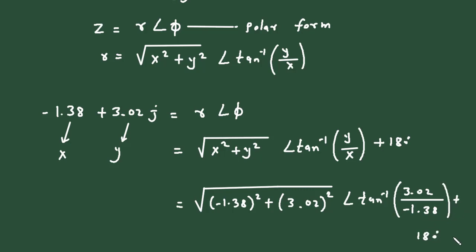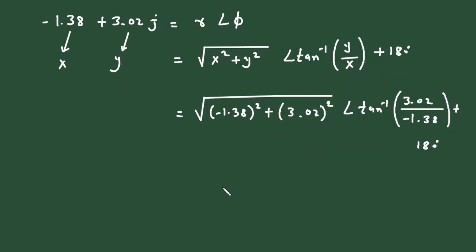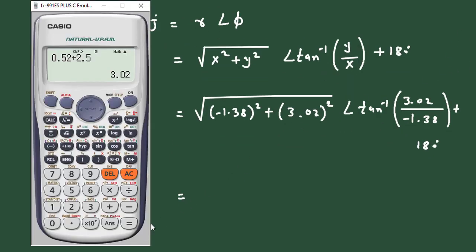When the real part is negative, that time we add 180 degree to it. So this will be under root of minus 1.38 square plus in bracket 3.02 square.